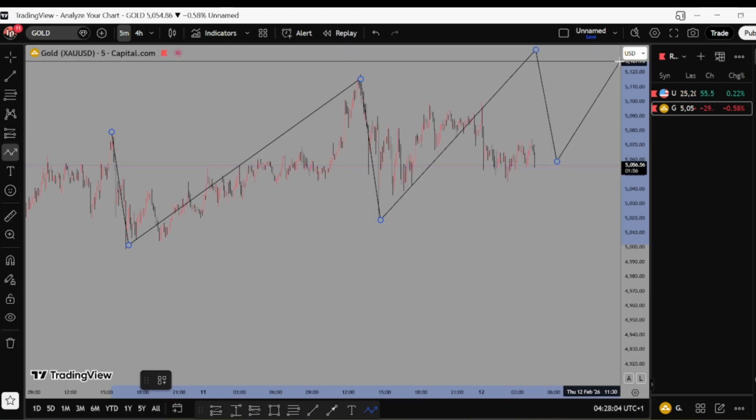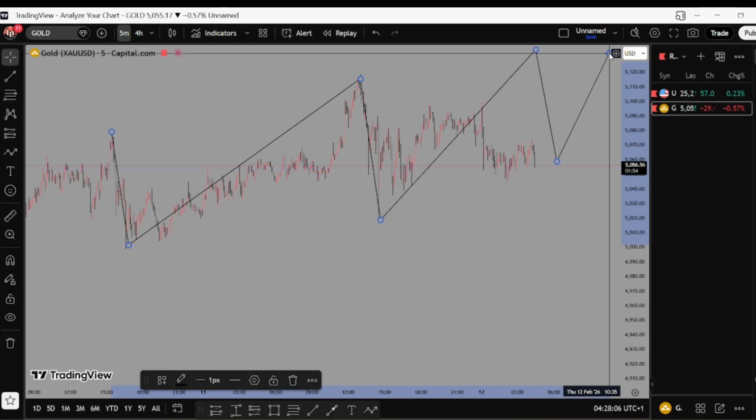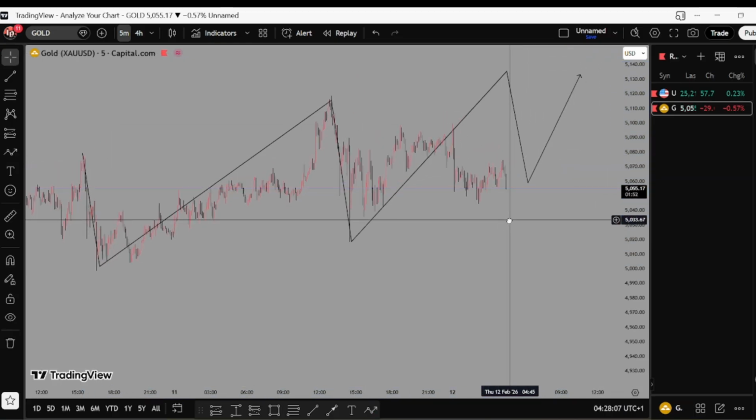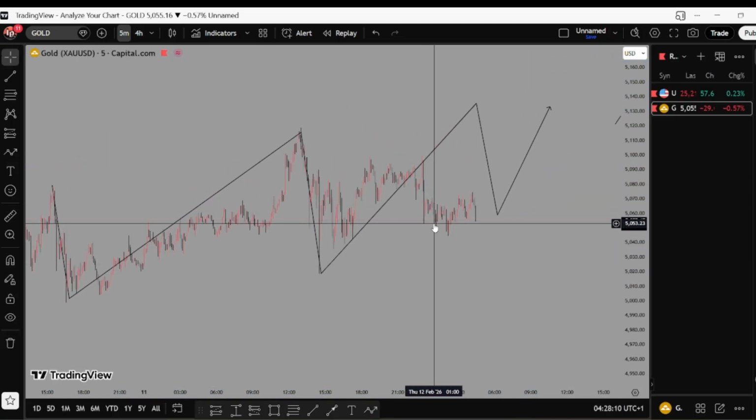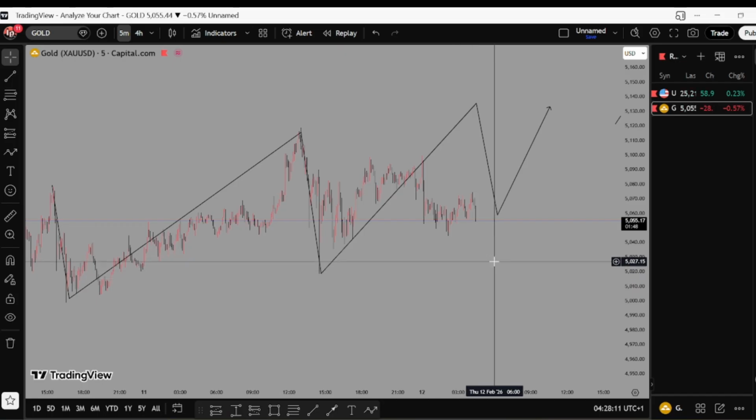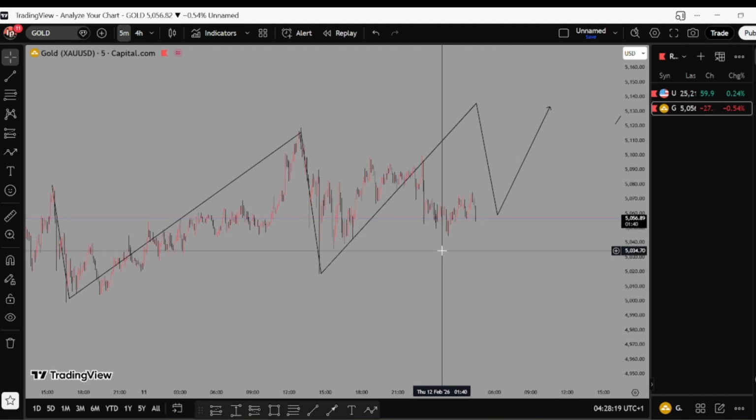Once they finish all this accumulation, you still want to see them break above, retrace and continue. So it's quite that simple. It's not too complicated. All you need is to know where the market is heading. Know your market structure, know your liquidity, and know your zones, which are supply and demand zones. That's the key 4 or 5 things you need. First, know your structure, which is market structure.